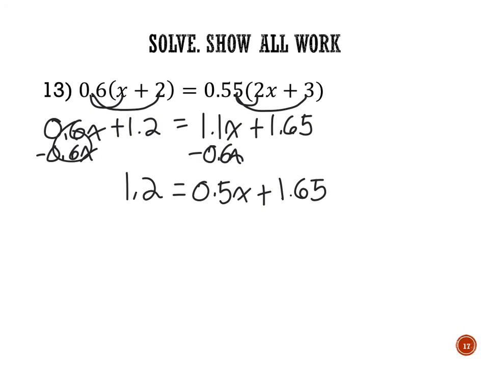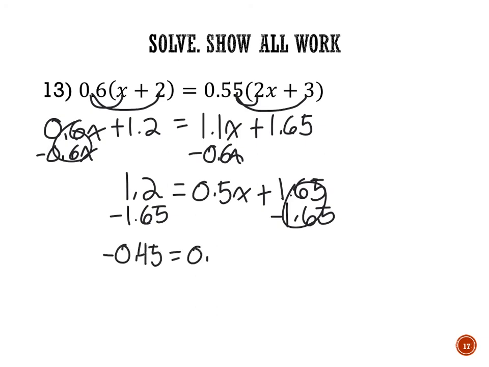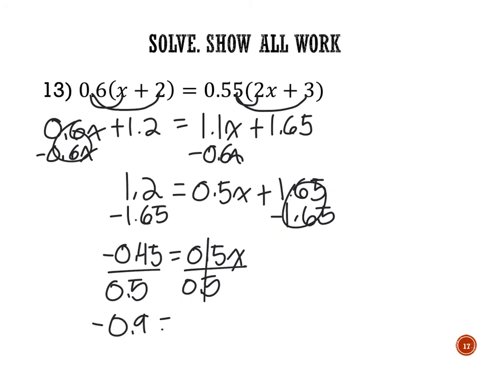Now I'm going to move my 1.65 over to my 1.2 by subtracting because it's positive. 1.65 minus 1.65 gives me 0, and 1.2 minus 1.65 equals negative 0.45 equals 0.5x. Divide by 0.5. Negative 0.45 divided by 0.5 equals negative 0.9 equals x.